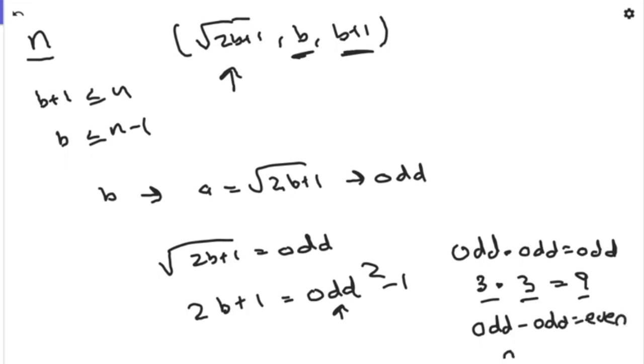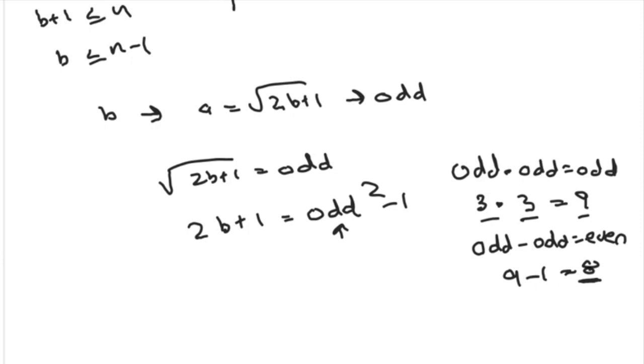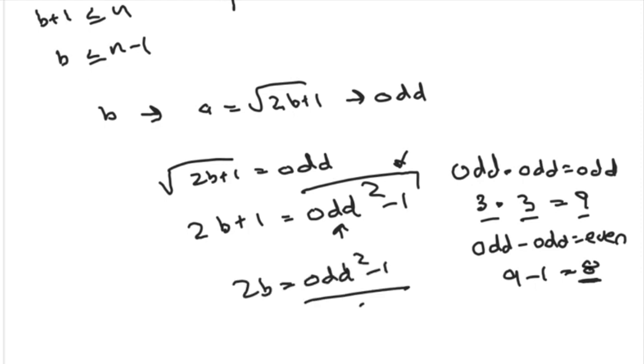For example, when we take that same 9, we subtract 1, we get 8. 8 is even. So from here, we notice that this whole number is even. So therefore, when we get 2b is equal to odd number squared minus 1, this will be divisible by 2. So this will yield an integer value for b. So b will be some integer value.